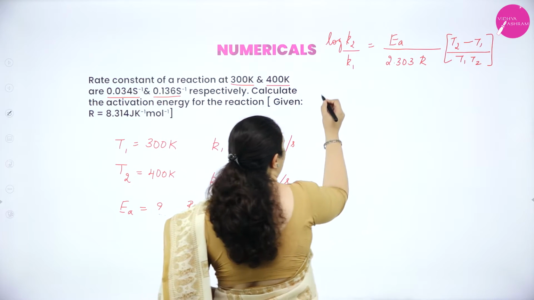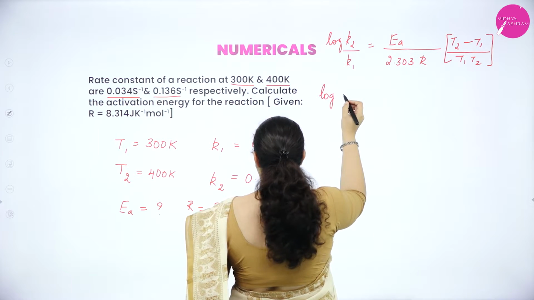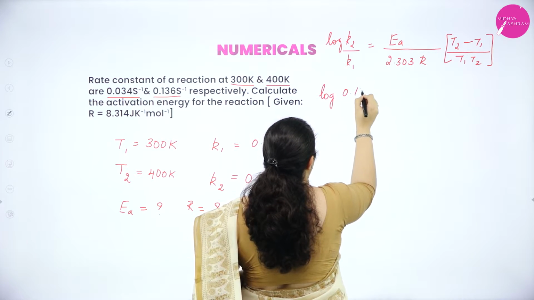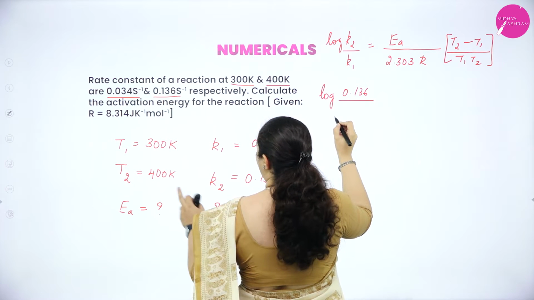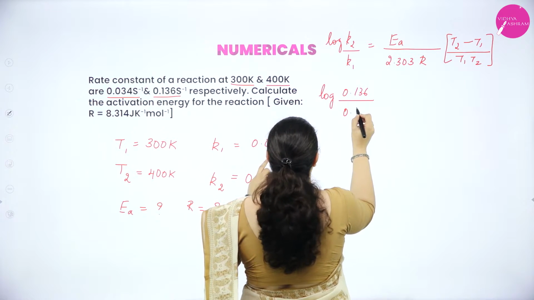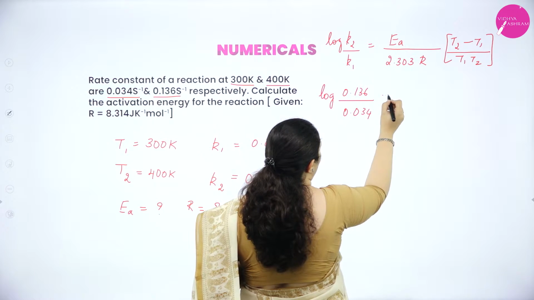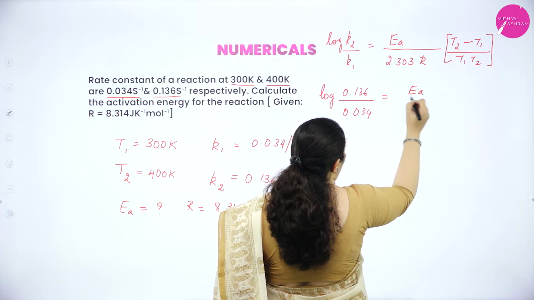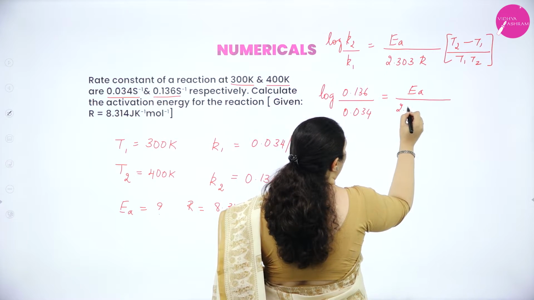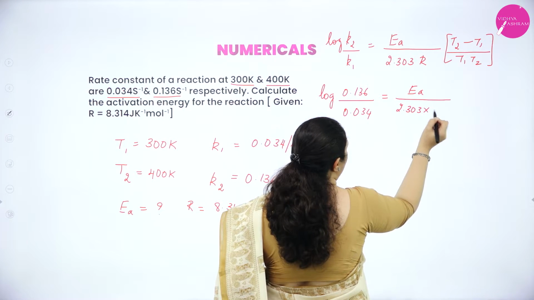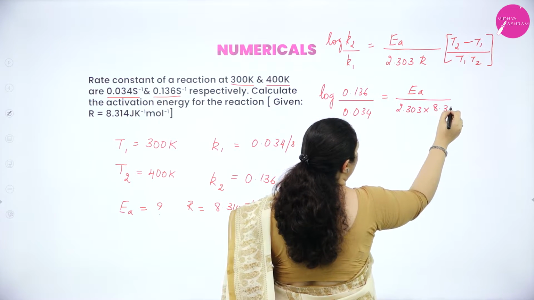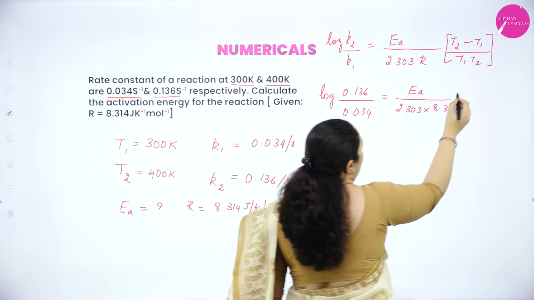So we'll write K2 value is 0.136, K1 value is 0.034 is equal to EA, I have to calculate, 2.303 into R value is 8.314.